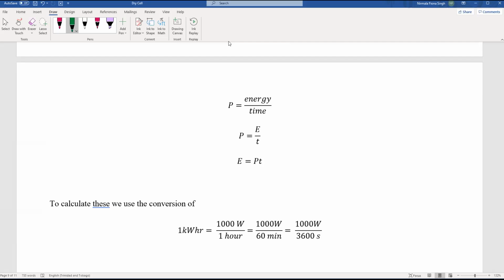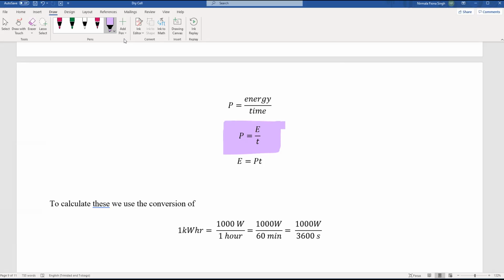All right, so here we have power is energy over time. So this is a new equation to learn. Now we're going to learn this equation again when we're doing electricity and when we have to do atomic physics, so don't worry too much about it.